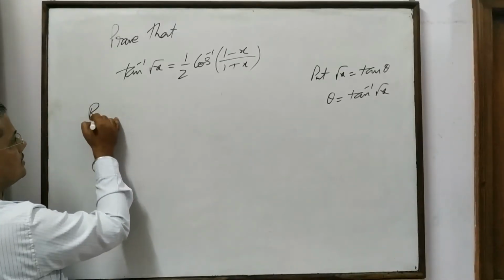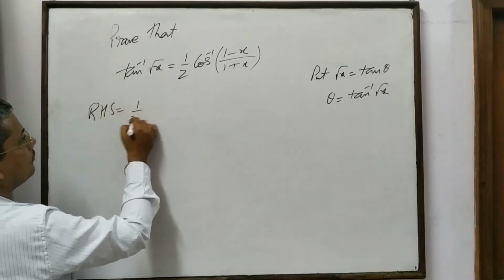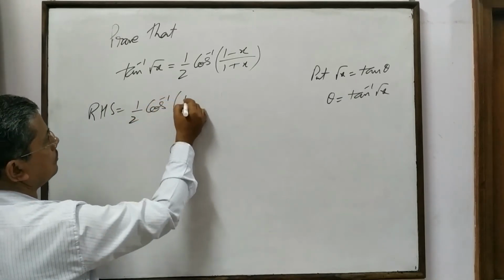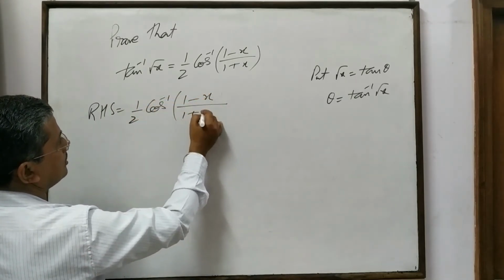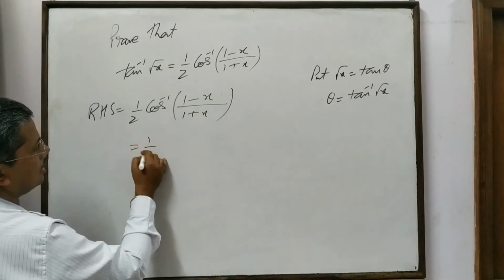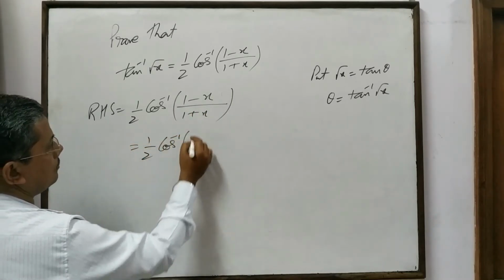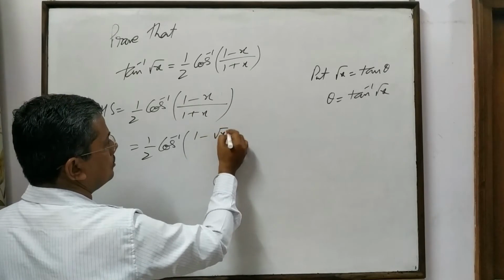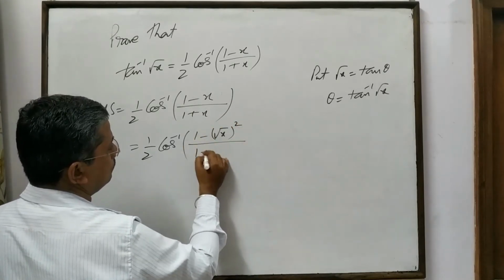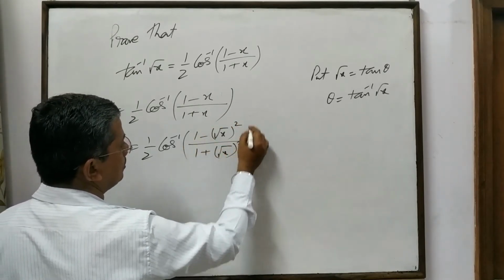Take the right hand side in this case. Half of cos inverse of 1 minus x upon 1 plus x could be written as half of cos inverse of 1 minus root x the whole square upon 1 plus root x the whole square.